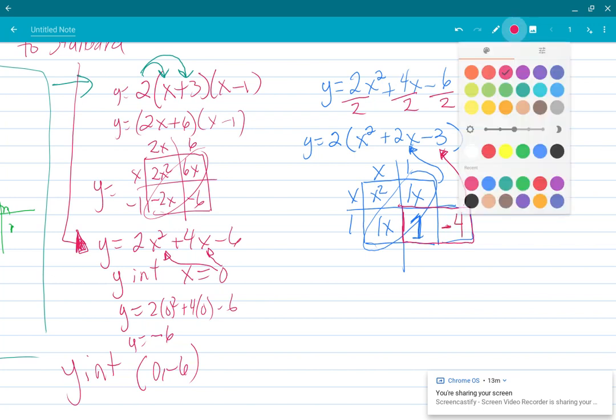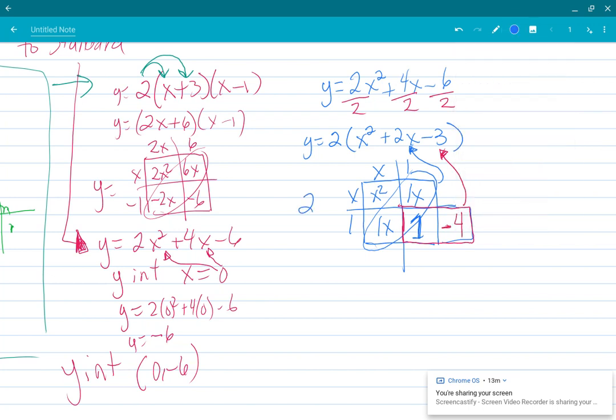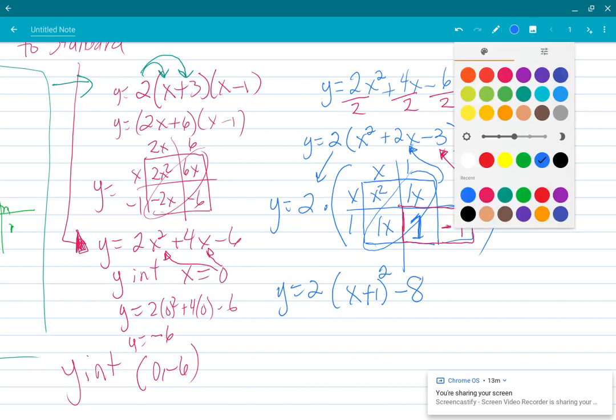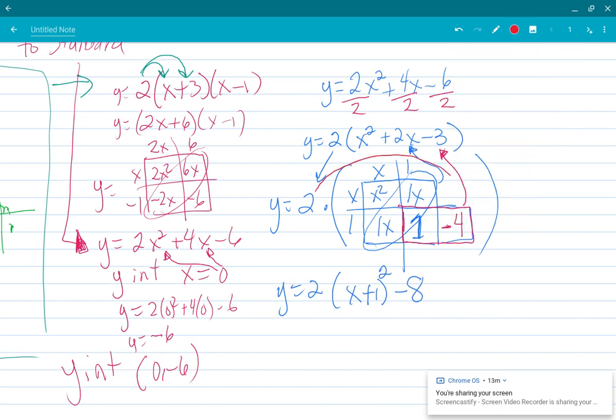And don't forget that you have to actually multiply 2 by everything. Remember that 2? So now you have y equals 2 times the twins minus 8. Not 4, because the 2 has to multiply to the what? Make sense? And this is vertex form.